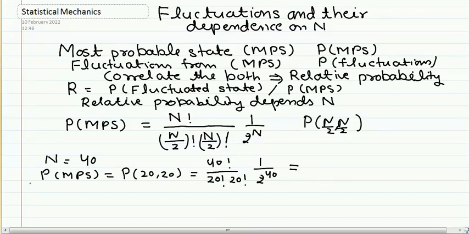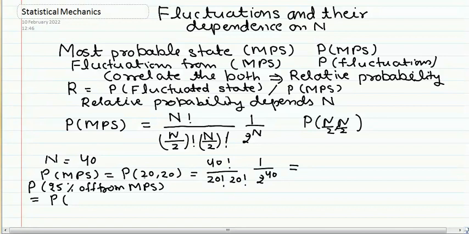Now write the fluctuation, or the state which is 25% off from the most probable state. When I say 25% off from the most probable state, the number here is 20.